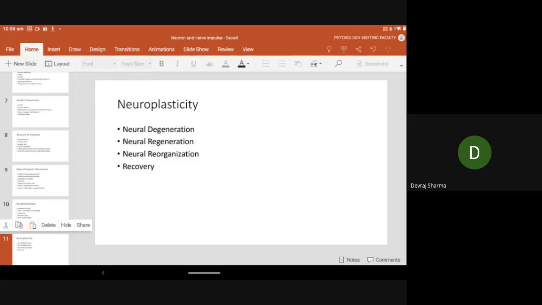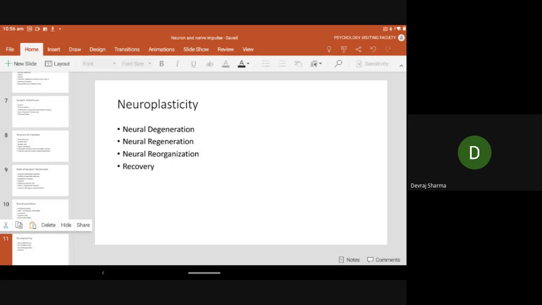Mechanisms like strengthening of existing connections, collateral sprouting that I told you in the neural degeneration, then adult neurogenesis, etc., have a role to play in this neural reorganization.